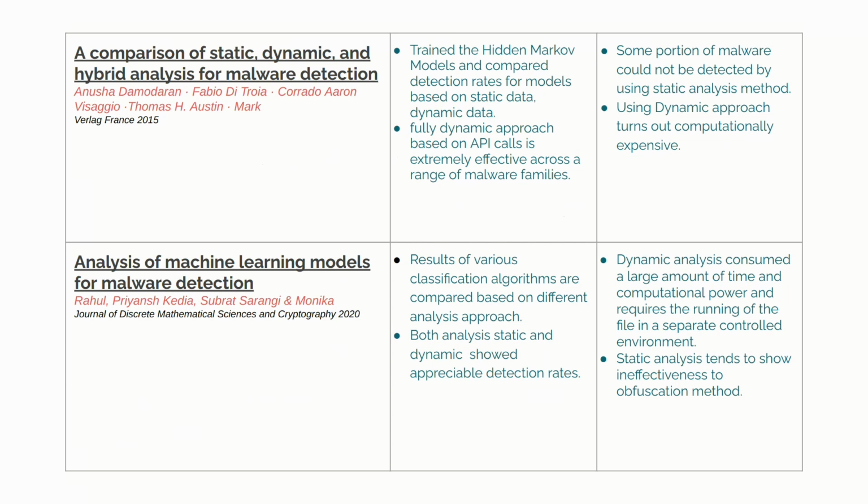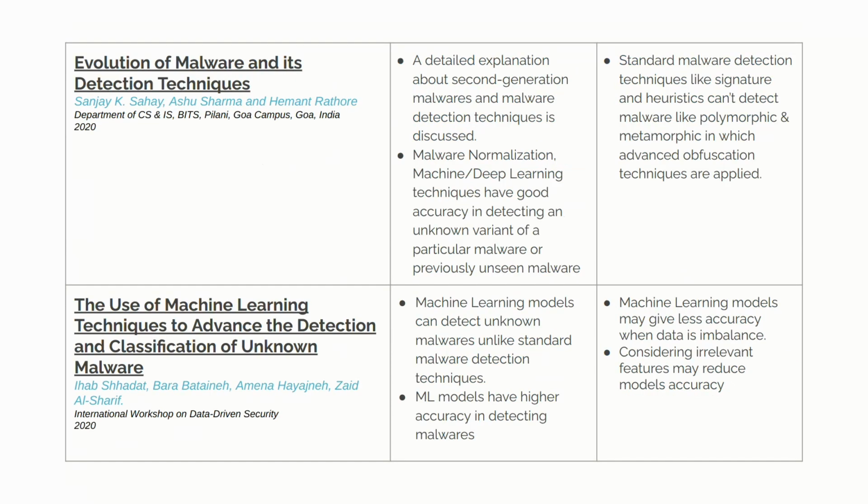And the next research paper is Evolution of Malware and its Detection Techniques. In this research paper, a comprehensive discussion on second generation malware and malware detection techniques is presented. The article highlights that techniques such as malware normalization and machine or deep learning demonstrate high accuracy in detecting previously unseen or unknown variants of malware.